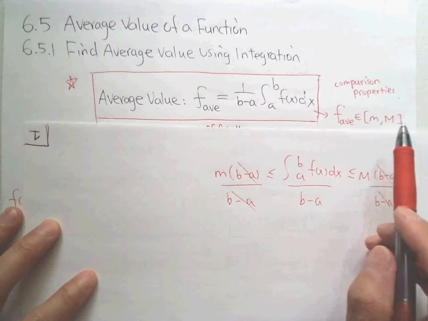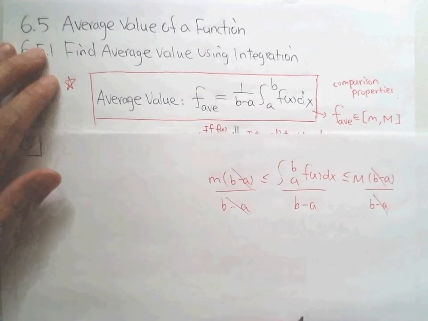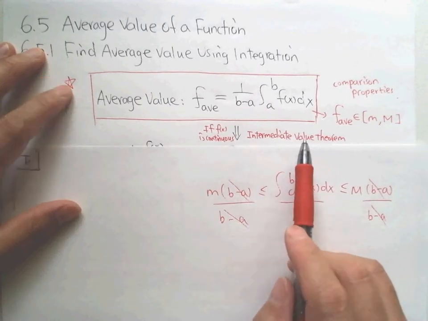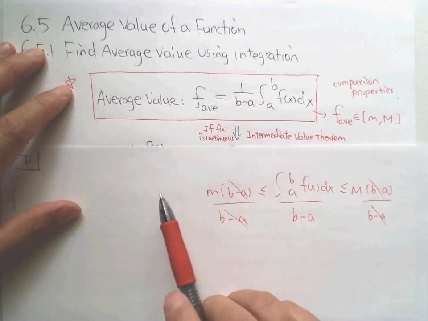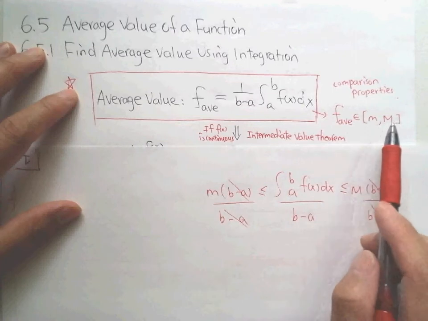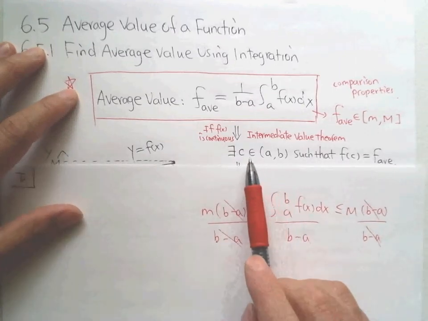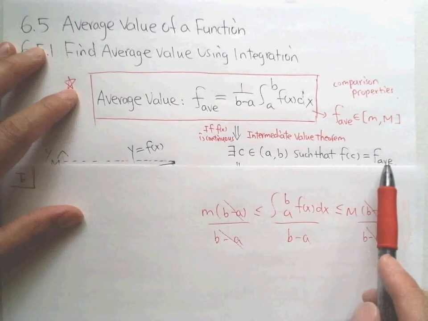Do you remember we have the intermediate value theorem from Calculus 1? If f is continuous, the continuous function can take any value between the minimal and the maximal. Therefore, there exists a number c between a and b such that f(c) equals this value, because this value is between the minimal and the maximal.